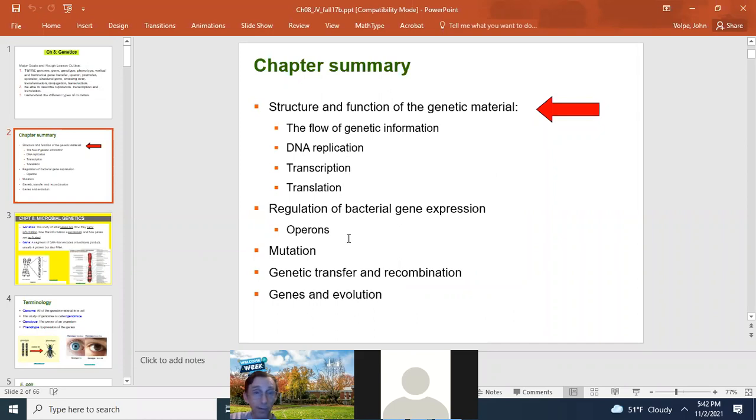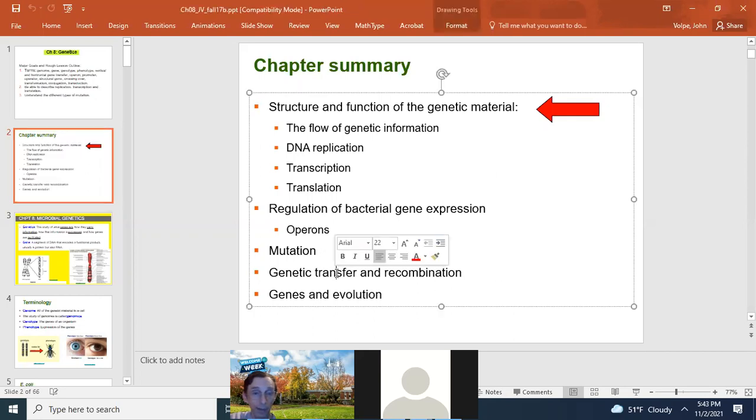We'll then move on to the regulation of bacterial gene expression. We'll talk about the operons, what they are, how genes are expressed, how they're turned on and turned off. We'll talk about mutation, and then we'll talk about genetic transfer and recombination. And then lastly, we'll end with genes and evolution. Any questions?